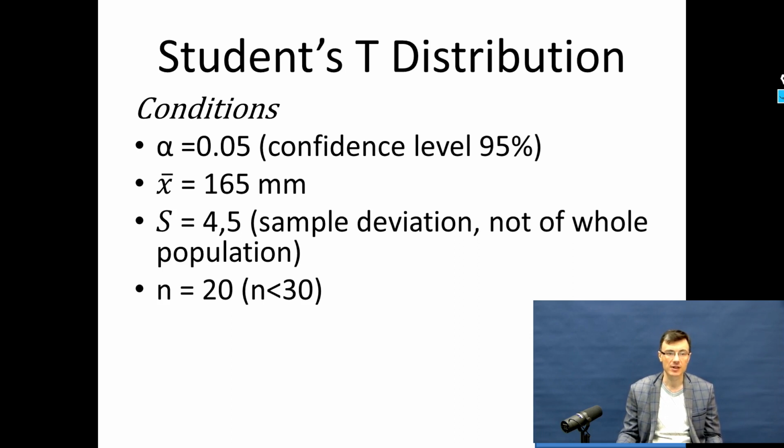As you can see, 20 is less than 30, which we use when we calculate the criteria before. And we don't know the standard deviation of the whole population, referred to as sigma, and now we use S. So we go to the Student distribution.